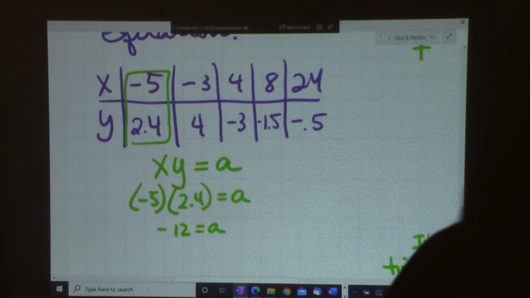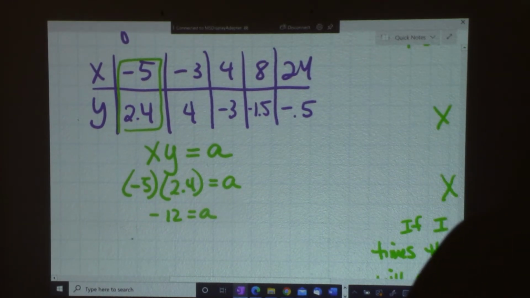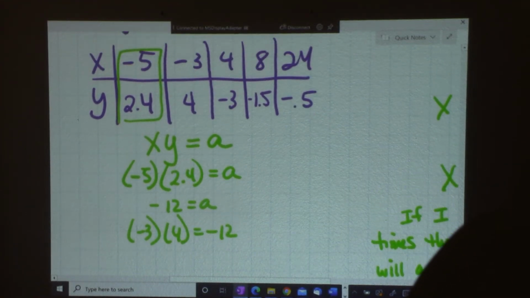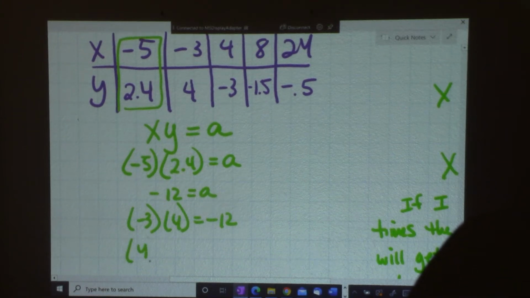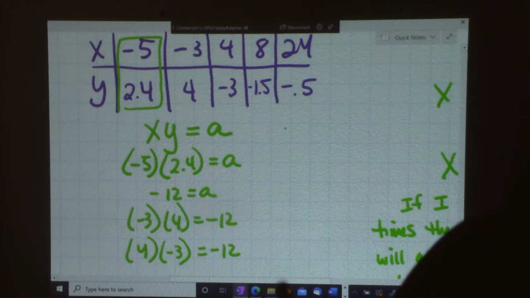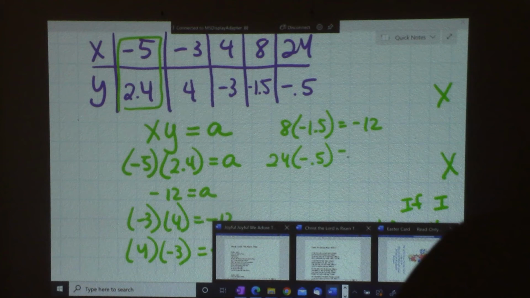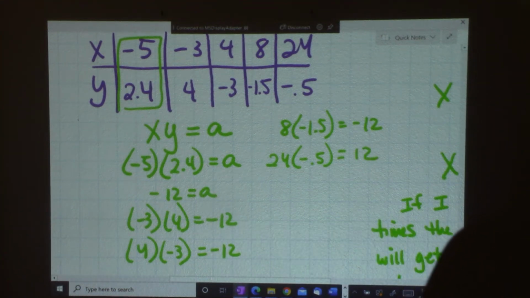Okay? So I have -3 times 4. That's -12. 4 times -3. That's -12. 8 times -1.5. That's -12. 24 times -1/2 equals -12.